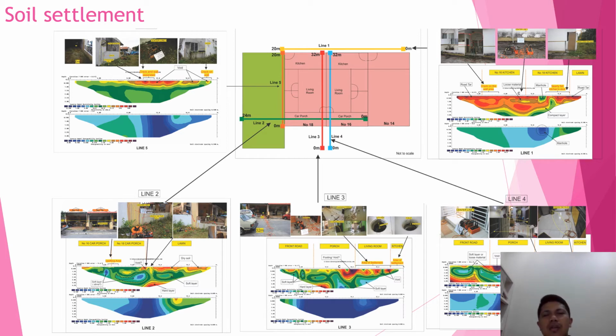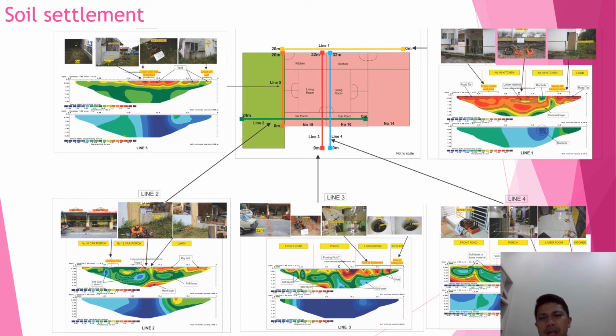At the housing area somewhere in Kampar, we want to know the settlement area. Based on my experience, normally a void, an empty space not filled with water, will give us a high resistivity value.